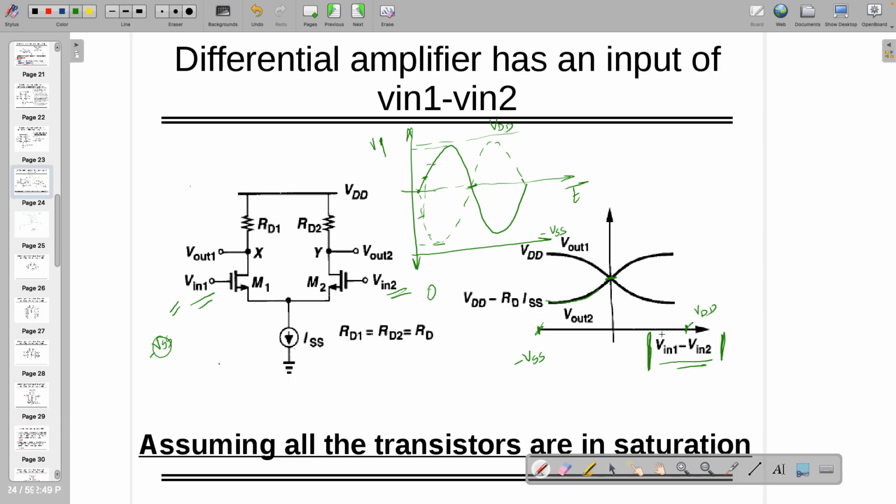And if you look at the output, what's going to happen? If you look at Vout1, I can write it as VDD minus IDRD1. But ID is ISS by 2. So it is written over here.